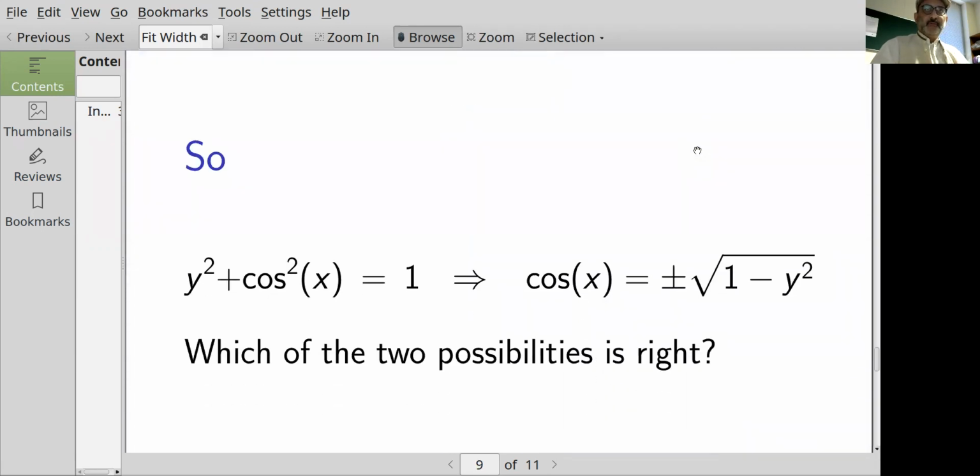Well, if y squared plus cos squared x is equal to 1, then the cos of x is equal to the root of 1 minus y squared, and it's either plus or minus. Now it's one of those two things, it's not both at the same time. So we have to consider whether we want to write the root of 1 minus y squared, or whether we say that cosine is equal to minus the root of 1 minus y squared.